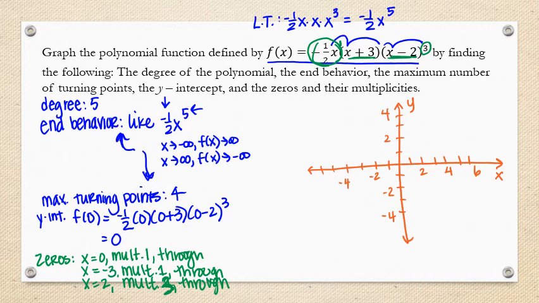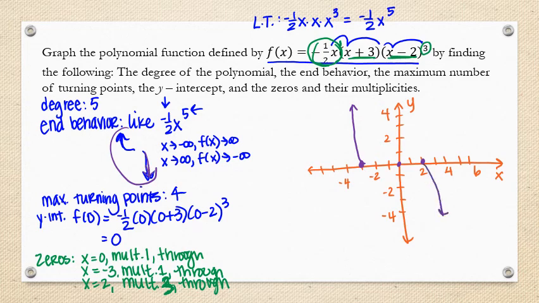So I have points at 0, -3, and 2. And I know with my end behavior that on the left side I start from going towards positive infinity, but then I go down. And on the right hand side I'm going down.